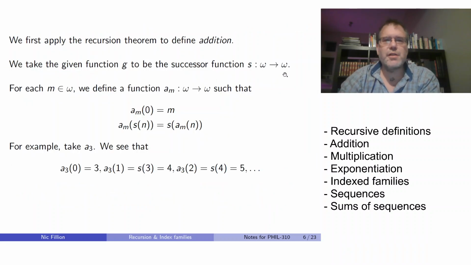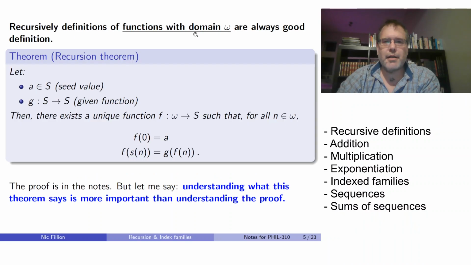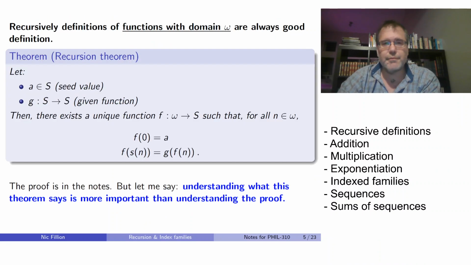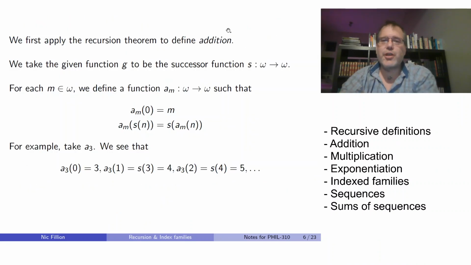So the first operation we want to define is addition, right? So coming back to that little graph, the function we want to define is the one on the left, the given function is the one on the right, and the seed value corresponds to that first arrow that we have here. So for addition, the given function is just the successor function that we have studied in great detail in the previous lecture.